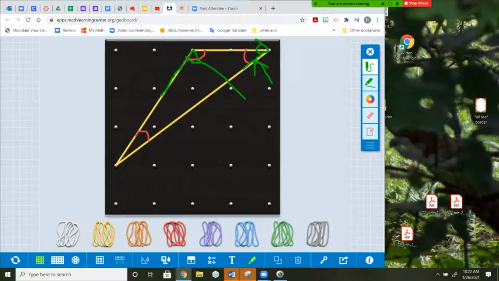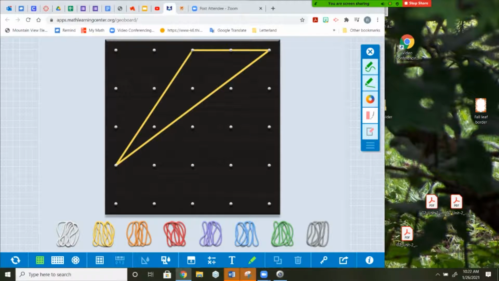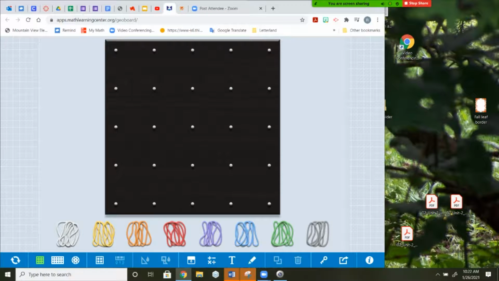Okay. Let's see. I want to erase everything. Clear everything. There we go. And I want this to go away. And what do I do if I want to take the rubber bands away? There we go. Okay, let's do blue for the next one. Start it right here.